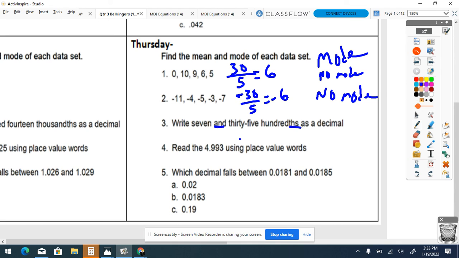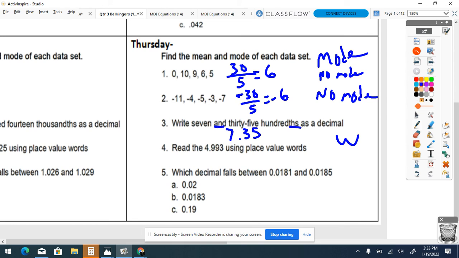And before "and," I have 7, so 7 goes in front. And then 35 hundredths. So if I remember, I start at the decimal, it goes tenths, hundredths, so I need 2 digits. Well, 35 is 2 digits, so that can fit right in there. So 7 and 35 hundredths.